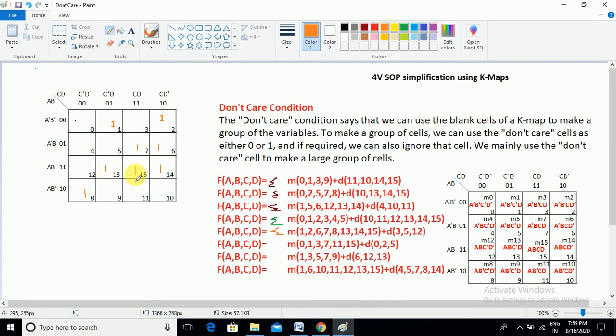Okay, so these are the minterms selected, and the don't care cells are 3, 5, 12.